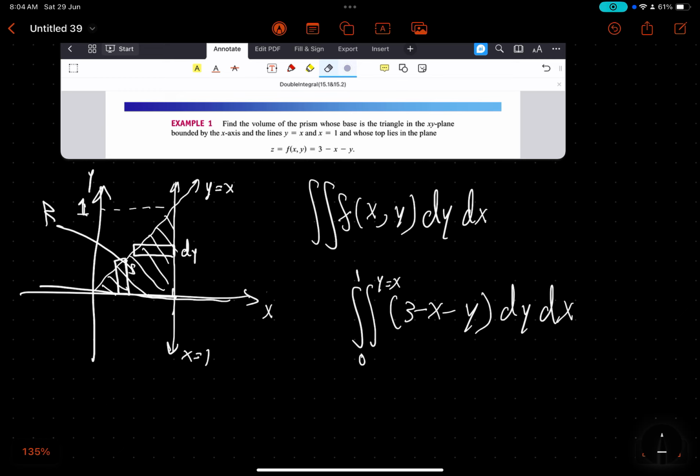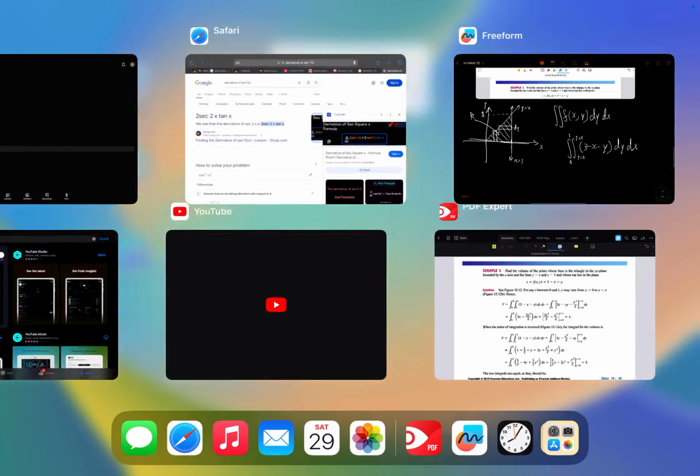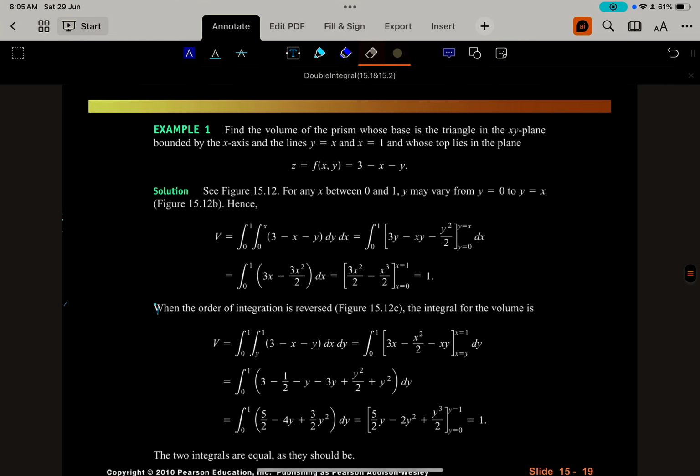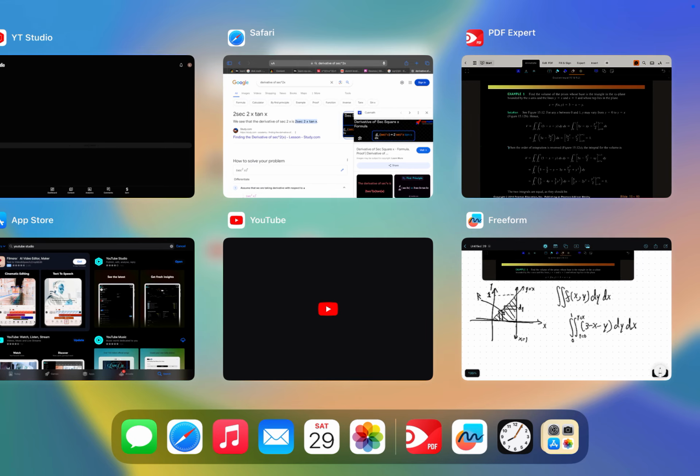And we're going to start from y equals 0. And yes, that's exactly how it should be.